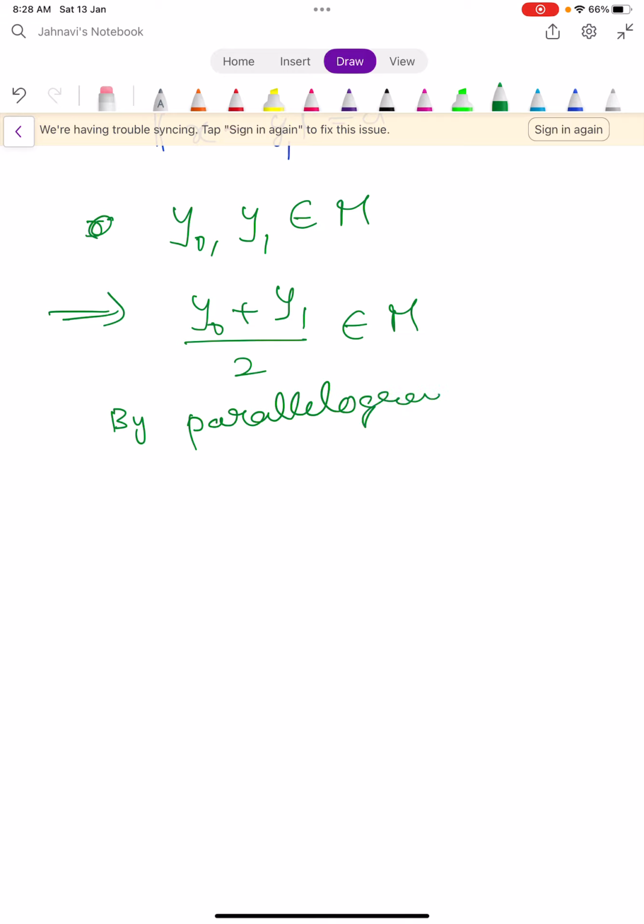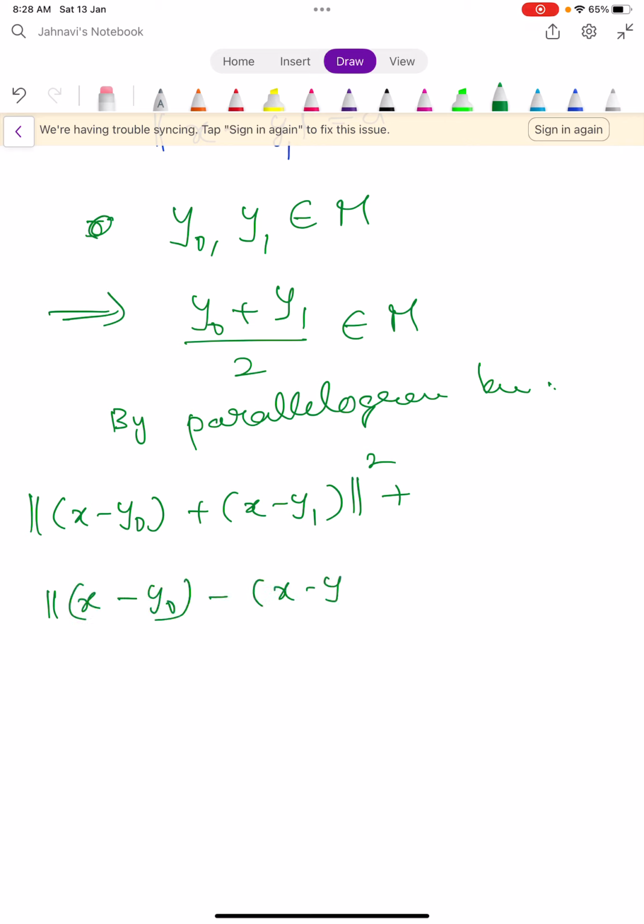By parallelogram law, norm x minus y0 plus x minus y1 whole square plus norm x minus y0 minus x minus y1 whole square is equal to 2 norm x minus y0 whole square plus 2 norm x minus y1 whole square.